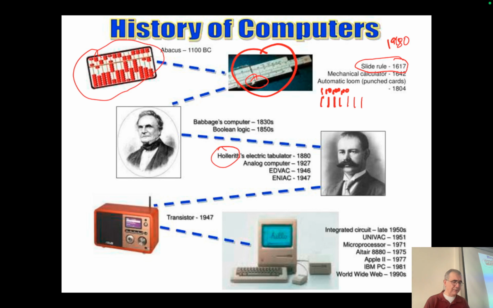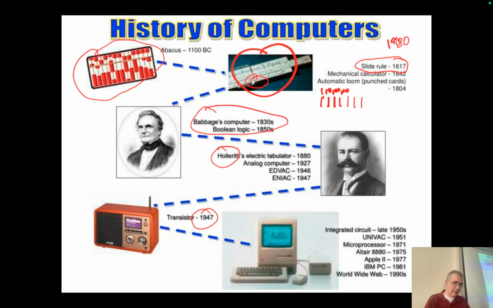The invention of the transistor was in 1947. Before the transistor, there were vacuum tubes. Before vacuum tubes, there were relays. Before relays, there were mechanical switches, like Charles Babbage envisioned. So it was all mechanical.